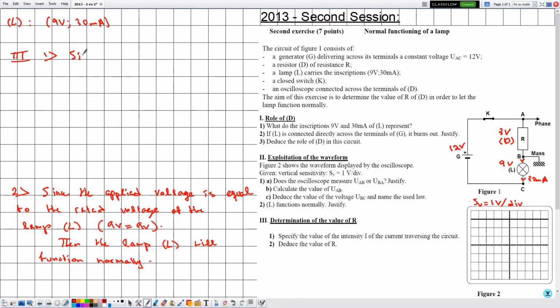Now, since the lamp L is functioning normally, then the traversing current is equal to the rated current.